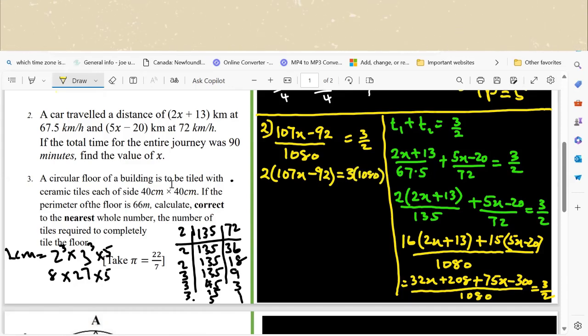Now, if you open the bracket, you're going to have 214x minus 184 equals, if you multiply 1080 by 3, that's 3,240.